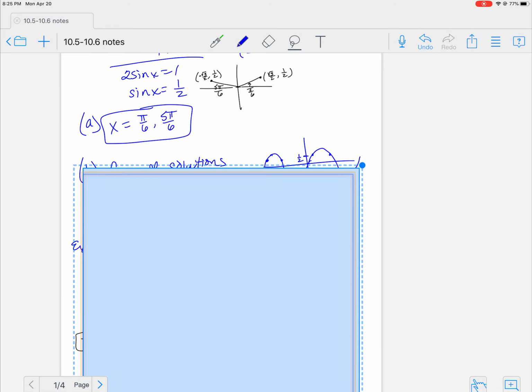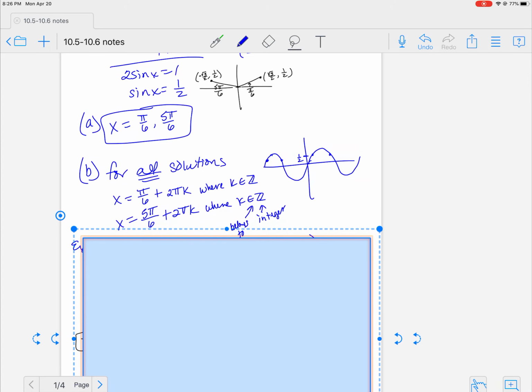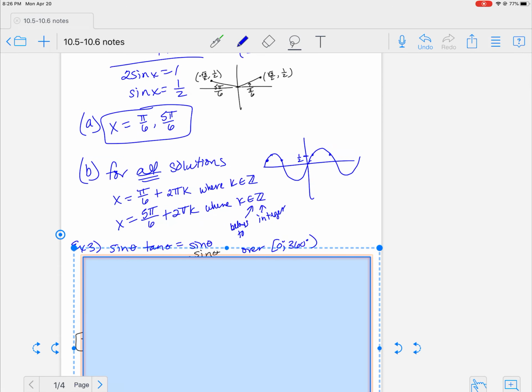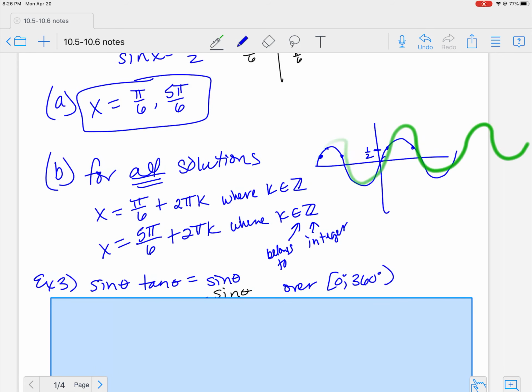So if I'm looking here for all solutions, then I want to say, okay, for my sine function, I know this thing goes on forever and ever. So I'm hitting it at these values every single time. So I have the pi over 6 still.